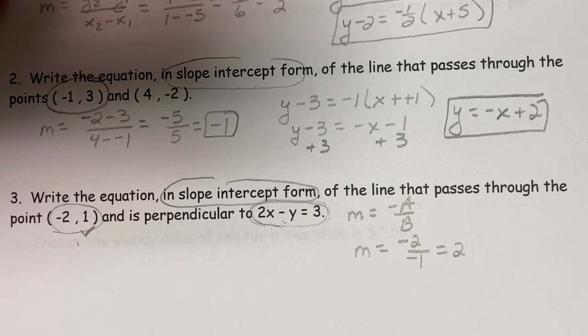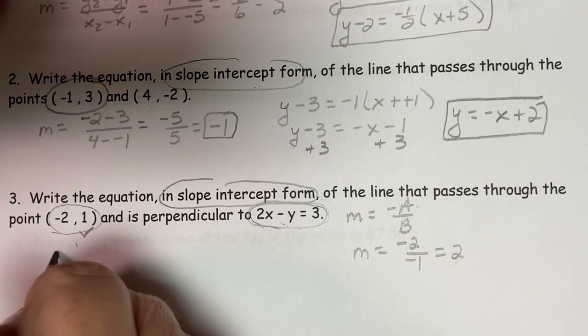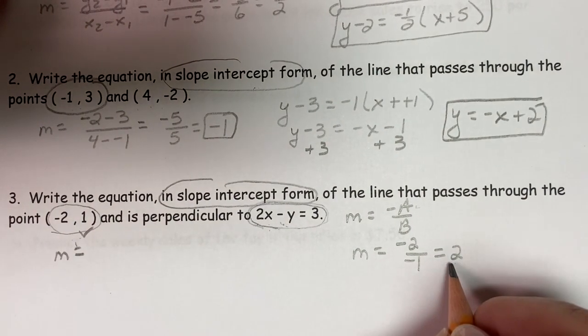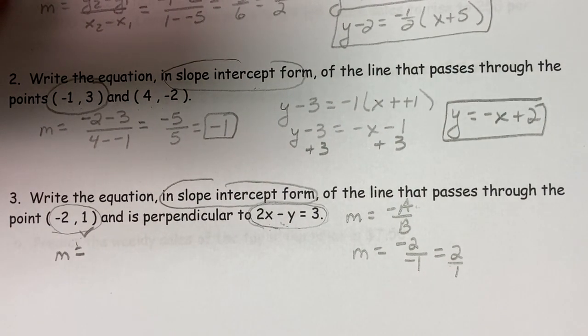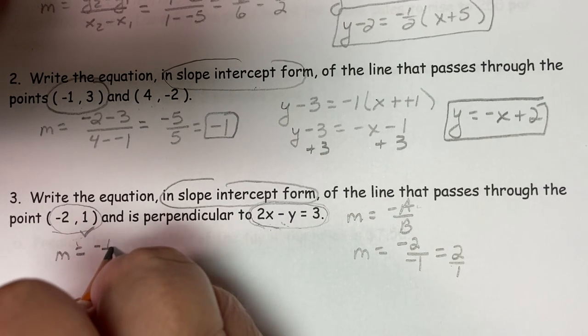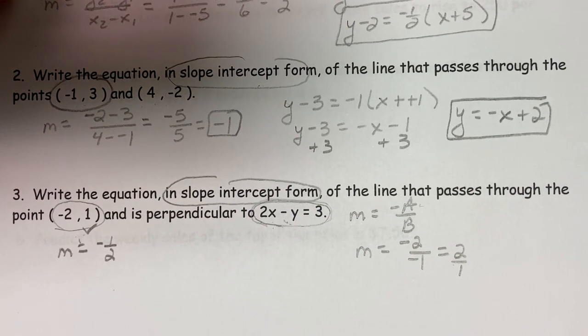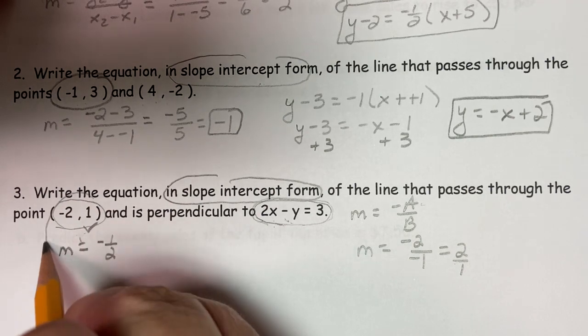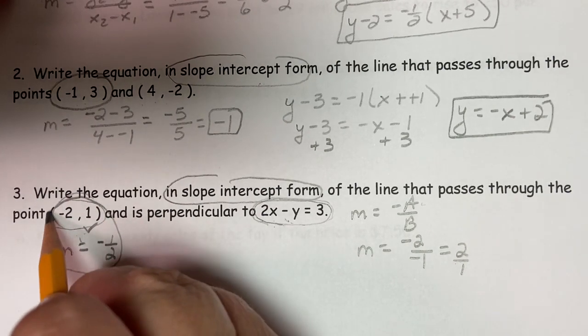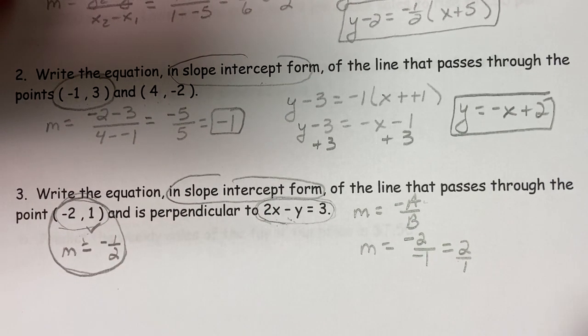So now, again, the line that I'm trying to come up with is perpendicular to this line, which means its slope isn't 2, its slope would be the opposite reciprocal of 2. And what would the opposite reciprocal of 2 over 1 be? It would be negative 1 over 2. So now I have the two things that I need to write the equation of my line.